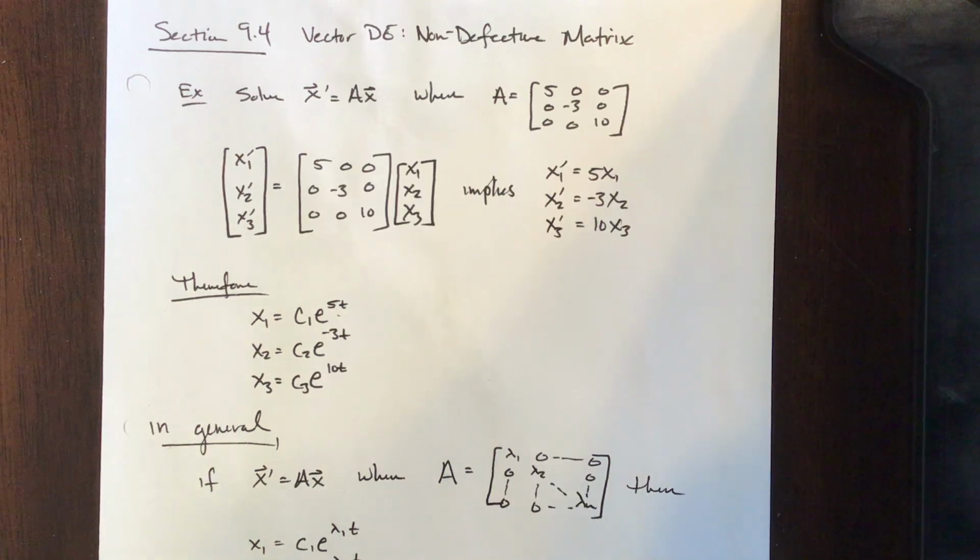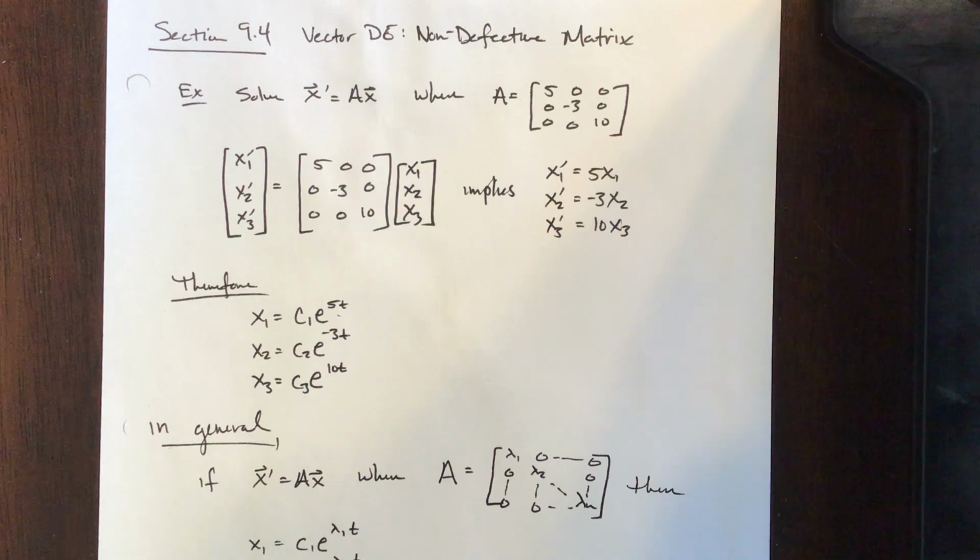And this is made easy by the fact that we're working with a diagonal matrix. It's not like x1 prime has anything to do with x2 or x3. Same with x2 prime, same with x3 prime.